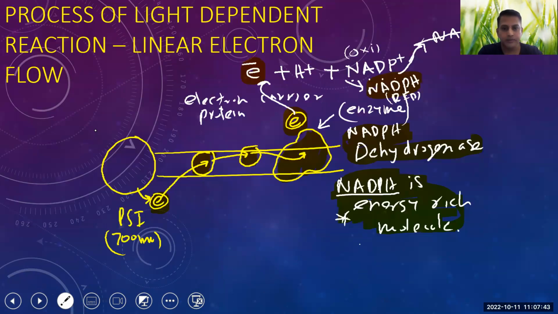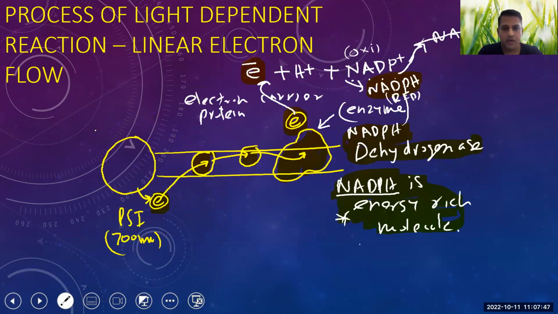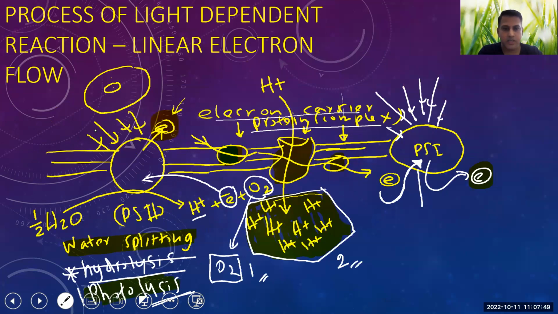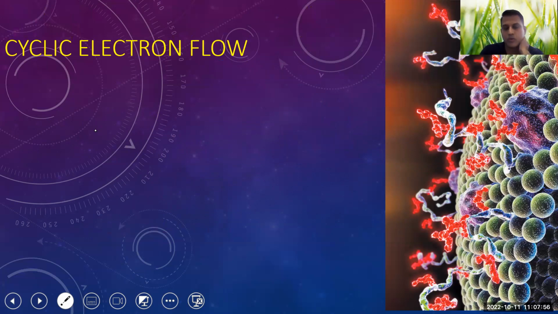Okay, next, if you have any question, you can ask about this process, linear electron flow, and then we have cyclic electron flow.